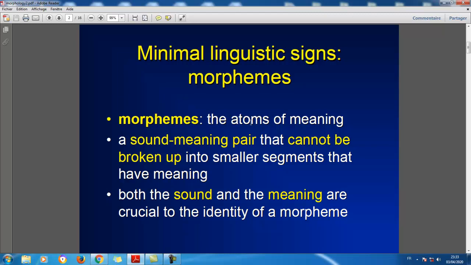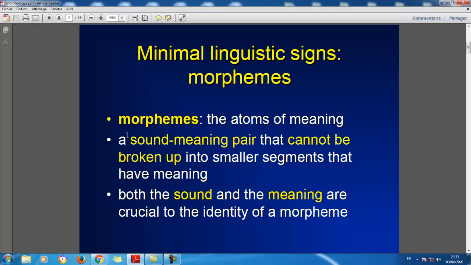Morphemes are the atoms of meaning. Look at the word atom. We always think that the atom is the smallest entity that cannot be broken up or can be divided further. So this applies also to morphemes.